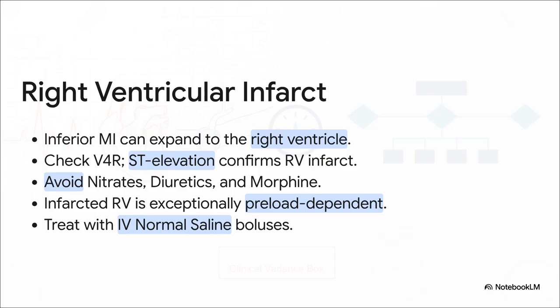Because that infarcted right ventricle loses its pumping efficiency, its cardiac output becomes entirely 100% dependent on venous return, or preload. Because of this, venodilators, things like nitrates, diuretics, and even morphine are strictly, absolutely contraindicated. Instead, you treat this hypotension with aggressive IV normal saline boluses to maintain that crucial RV preload, even if your first instinct is to reach for pressors.